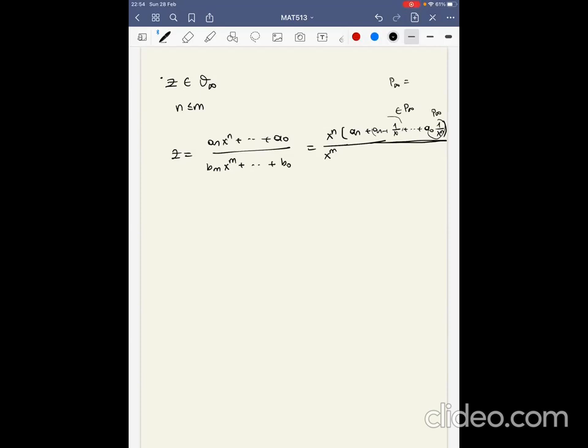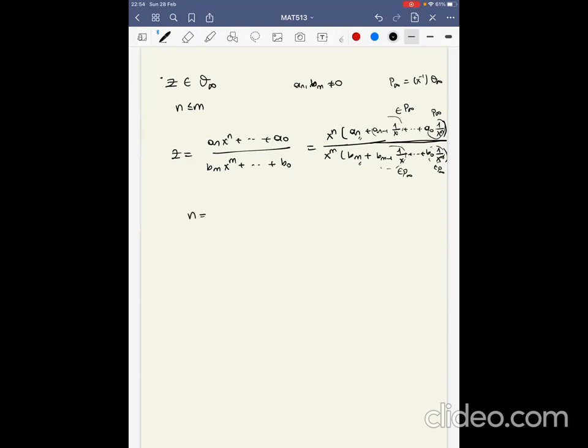Here you recall that P infinity is generated by x inverse. Similarly, we take x to the m in parentheses for the denominator, and we also see that these terms belong to P infinity. But here a_n and b_m are constants.